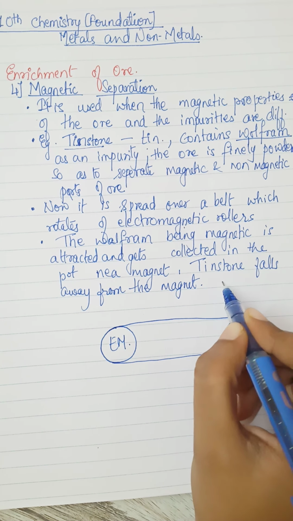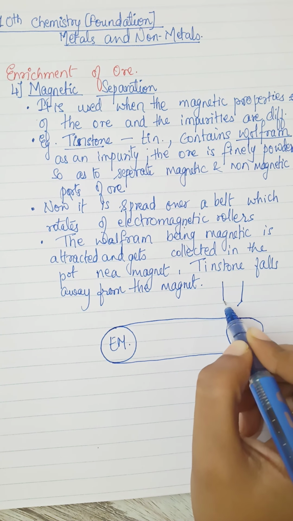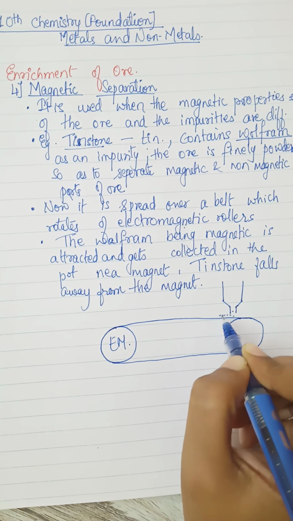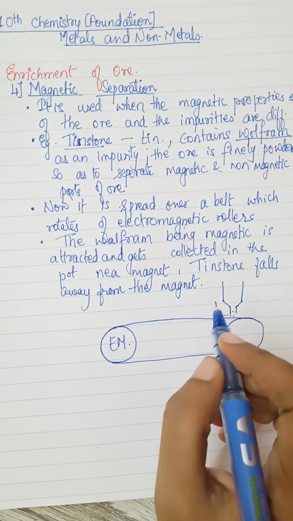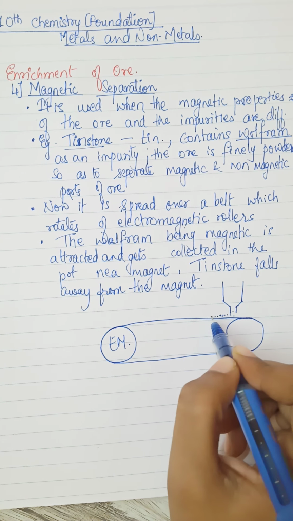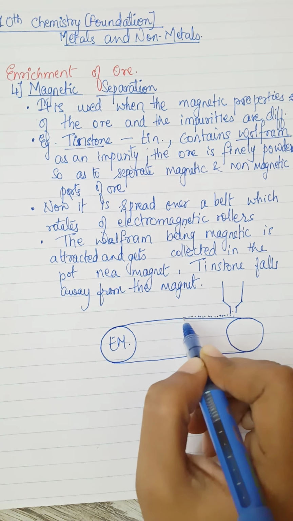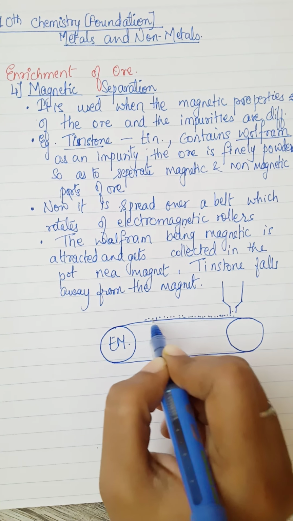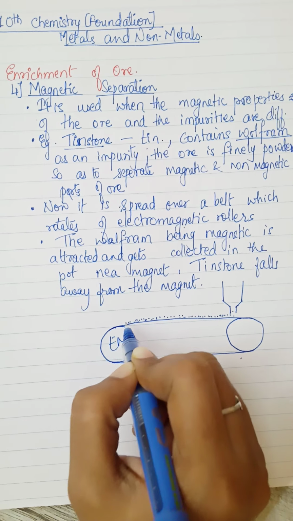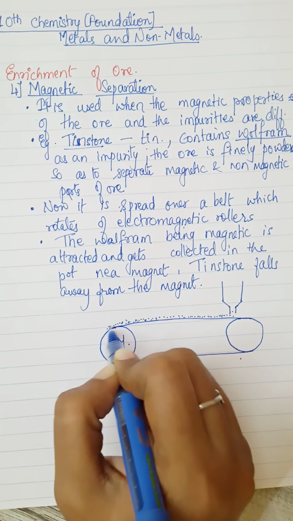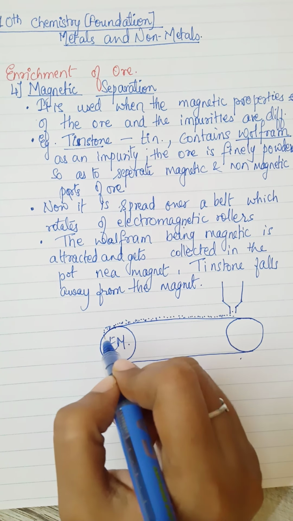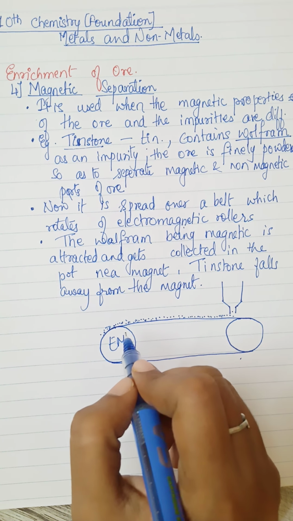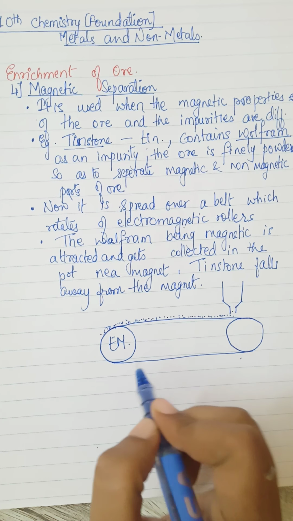From here we basically pour the ore. ठीक है, now when the roller moves, definitely the ore will be coming with the conveyor belt till here. ठीक है, so the ore is coming to the end, and from here it will be segregated into two parts, that is one magnetic and other non-magnetic.